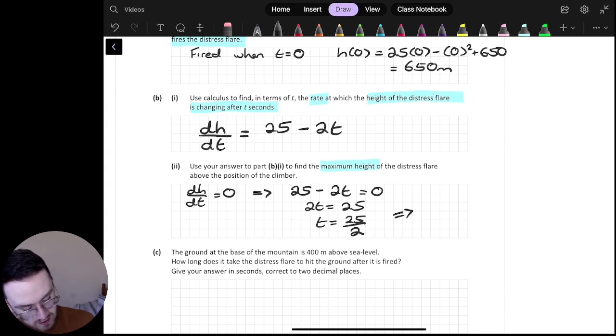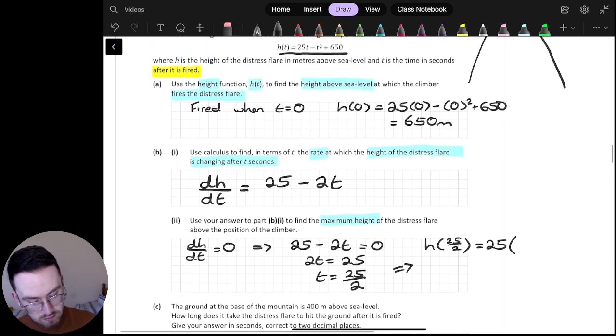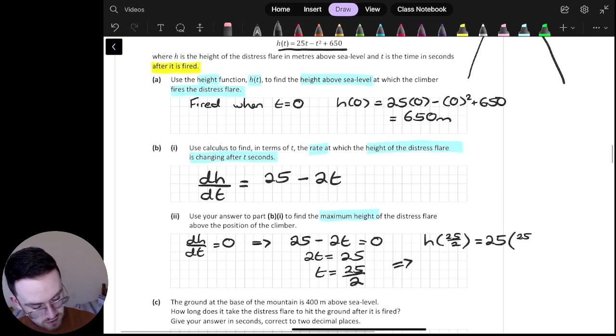And we want to find the height at that time, so let's try and find h of 25 over 2. So subbing that back in then to the original one. Okay, so 25 by 25 over 2 here, minus 25 over 2 squared, plus 650.